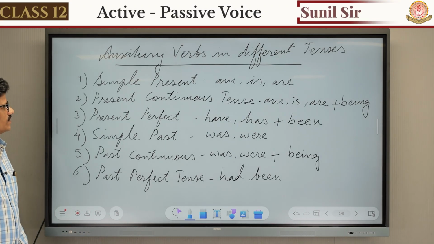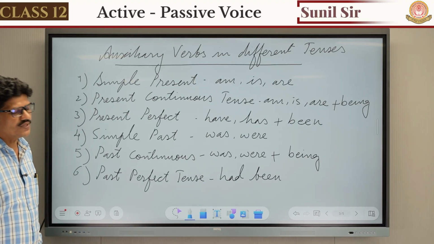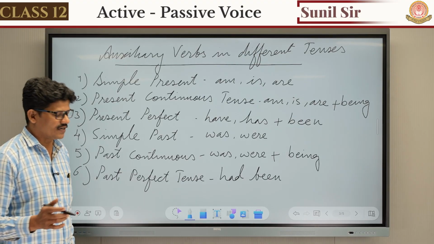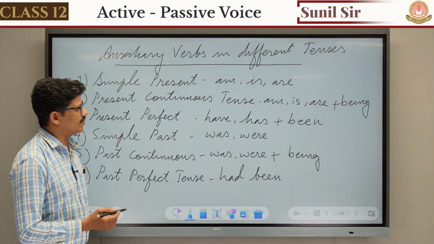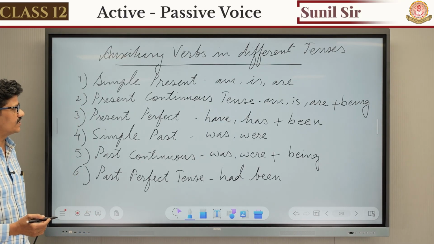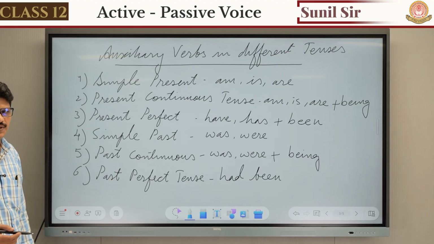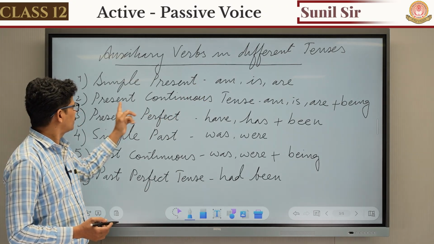Then there are auxiliary verbs in different tenses, means if the sentences are different tenses in active voice, we have to put helping verb according to the tenses. If the active voice sentence is in simple present tense, the helping verbs in passive voice are am, is, are.